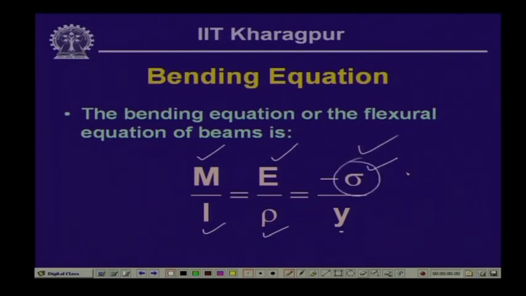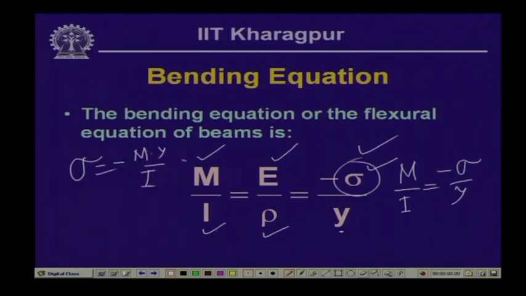So, from this we can write the relationship M by I is equal to minus sigma by y, or sigma is equal to minus M y by I. Now, if you remember, we had considered bending in a beam.